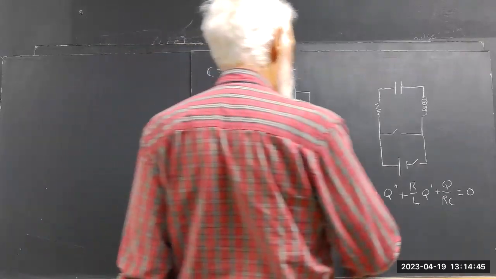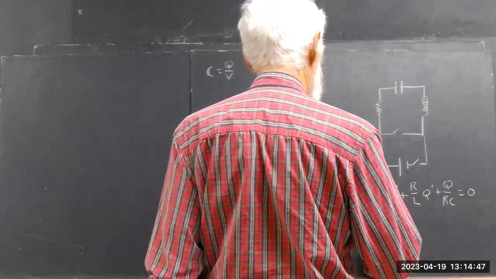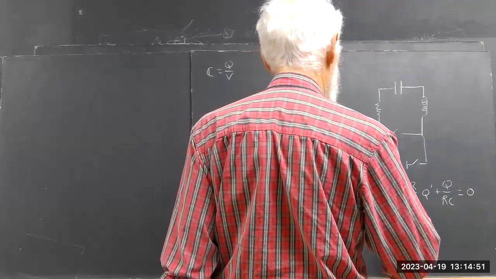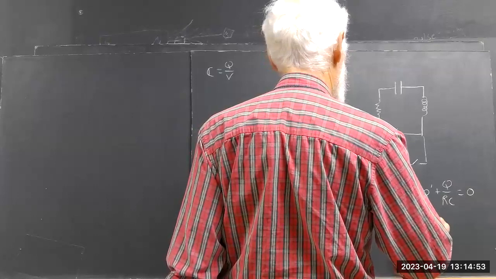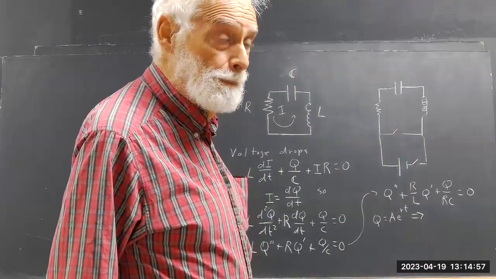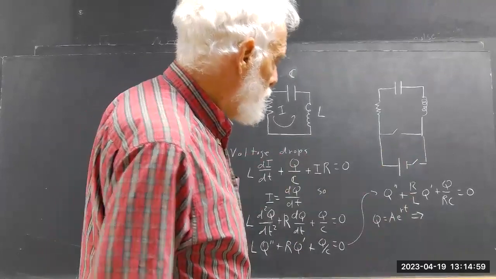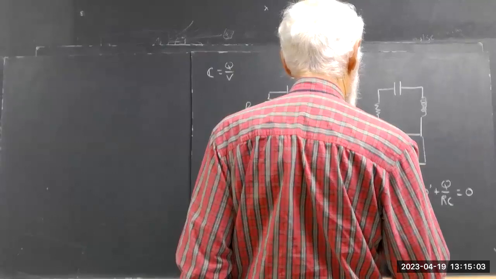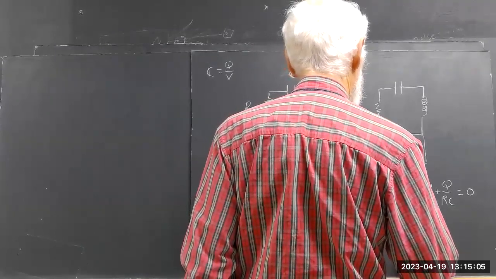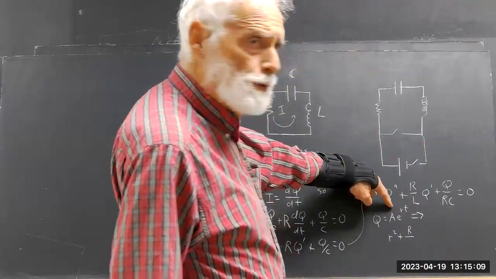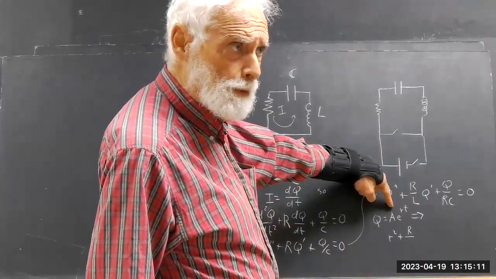Okay, well, this implies if Q equals Ae to the rt, the solution of this equation is just going to be... Now you pretty much use r in differential equations.